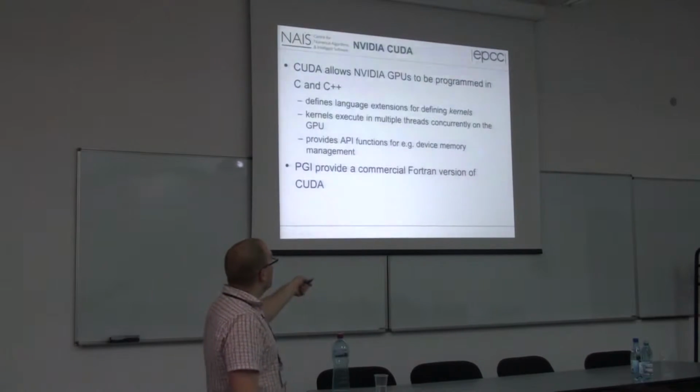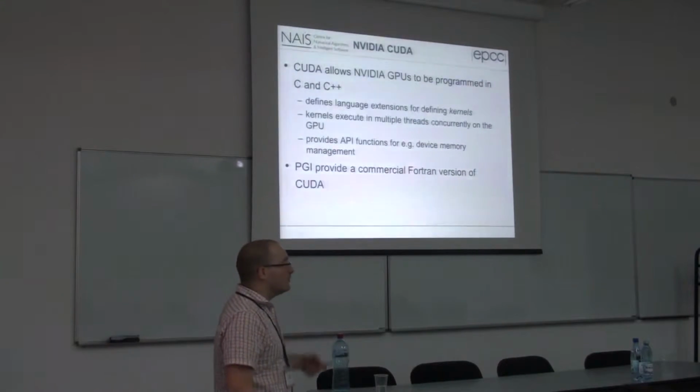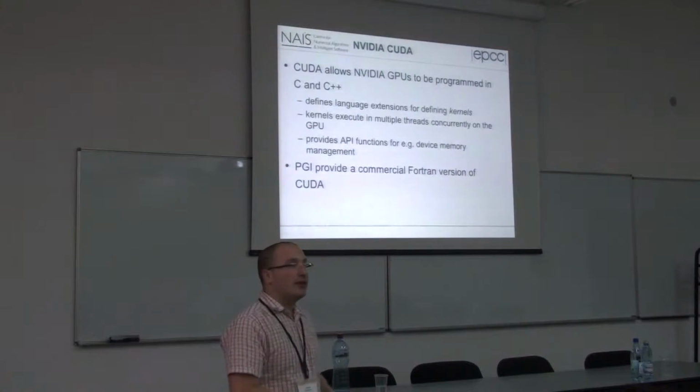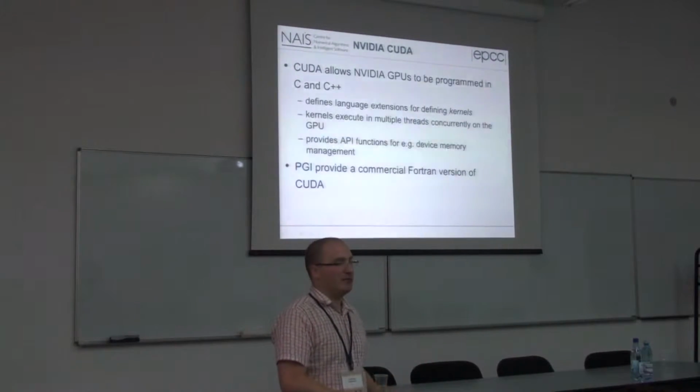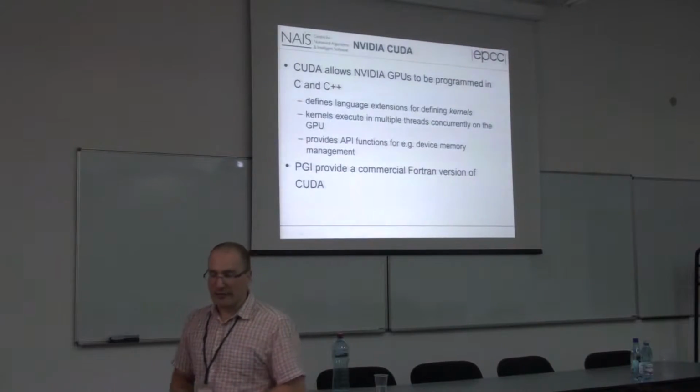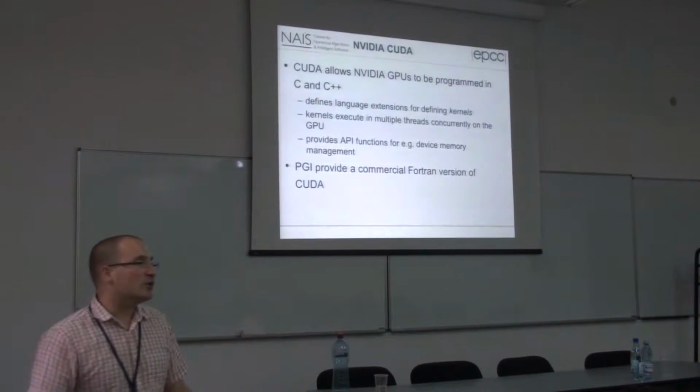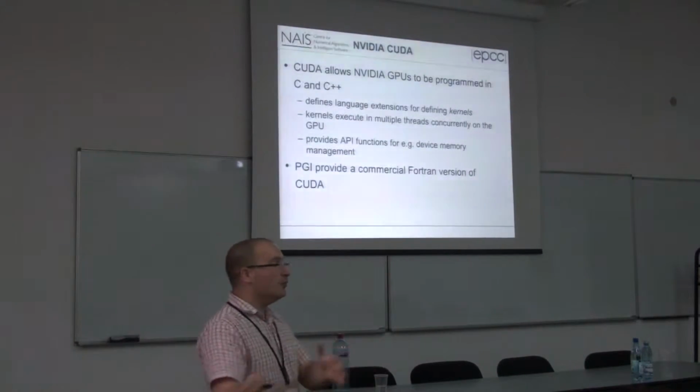And then CUDA also gives you some APIs, some functions, some library calls which say you can copy some data to the GPU, you can copy some data back from the GPU. So you have to explicitly tell it which bits of the program to run and how you move the data there.